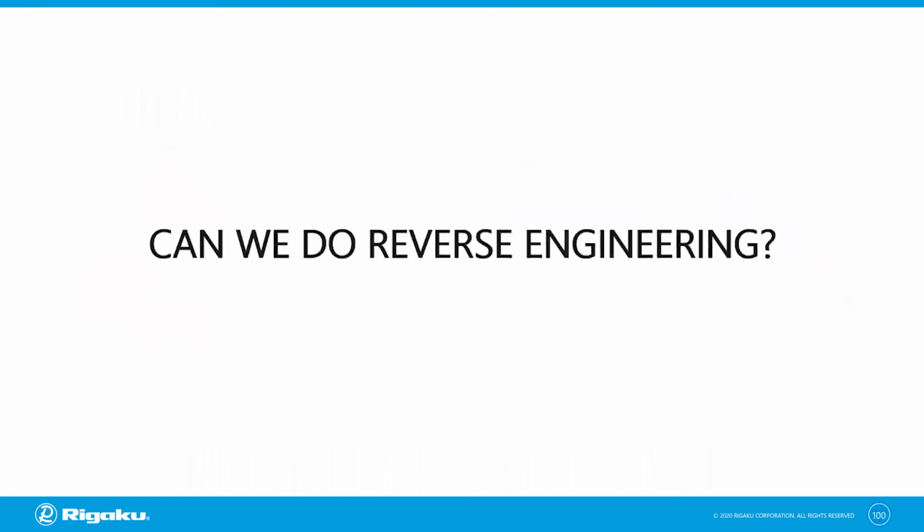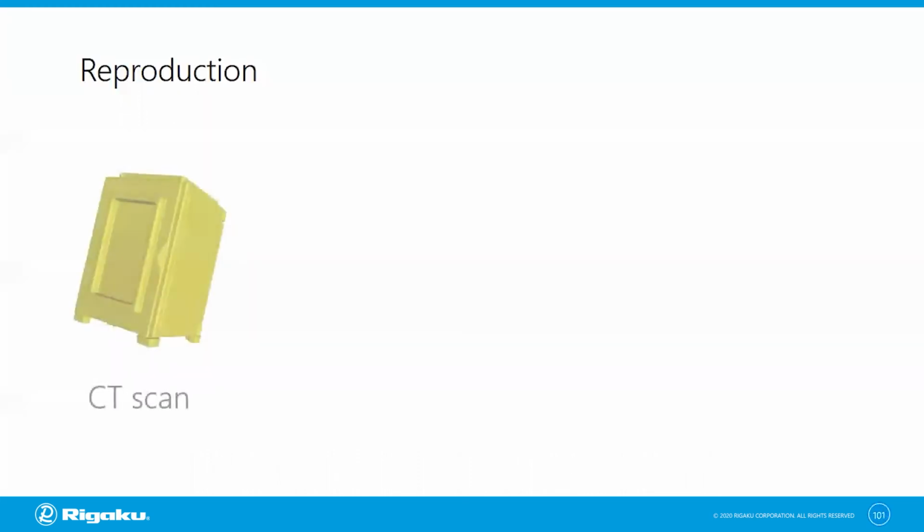Now, can we do reverse engineering? The term reverse engineering can mean many different things, but I'm going to just show you two relatively simple examples using the same plastic box. Now, let's say that we have this plastic box and we have to make another one, but we do not have the original drawings anymore.